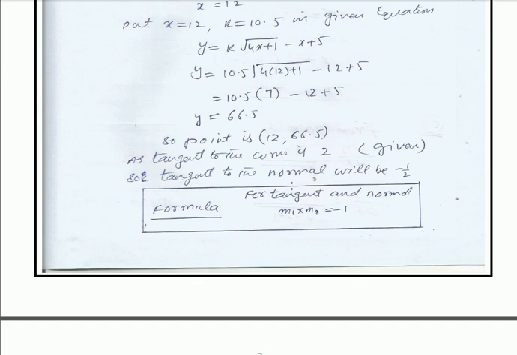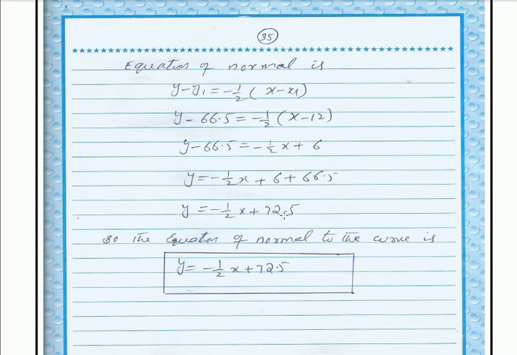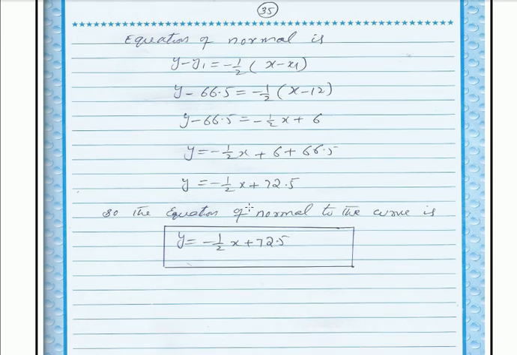So the slope of the normal will be minus 1 by 2, because the formula is m1 times m2 equal to minus 1. So in this case, the equation of the normal is y minus y1 equal to minus 1 by 2 times (x minus x1). After simplification, we get y equal to minus 1 by 2 x plus 72.5, which is the equation of the normal.